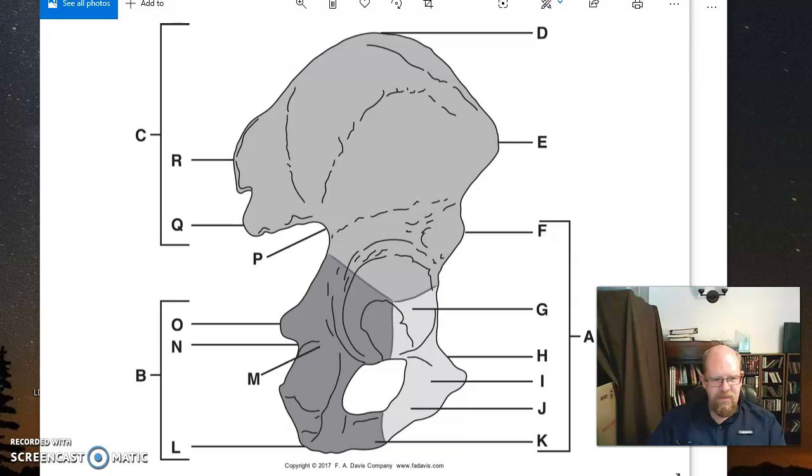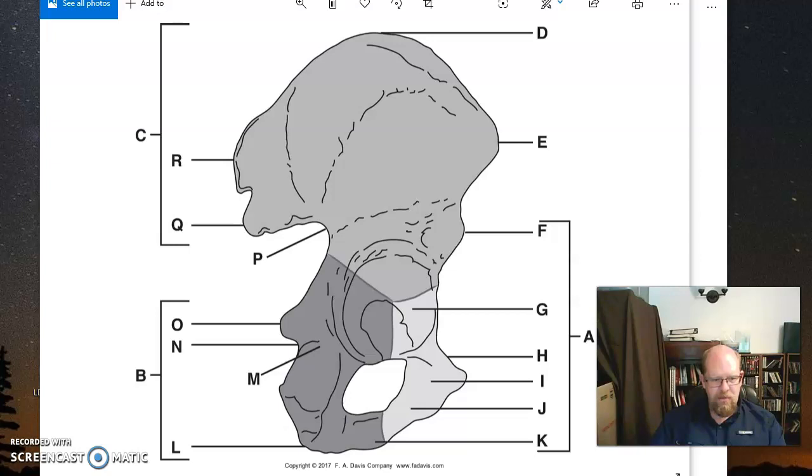L is the ischial tuberosity. So your sits bones or your butt bones, you know, if you sit on a hard bleacher bench too hard and after a while your butt starts to hurt, that's because of the pressure that's being transmitted from the surface you're sitting on through your muscles onto that ischial tuberosity.